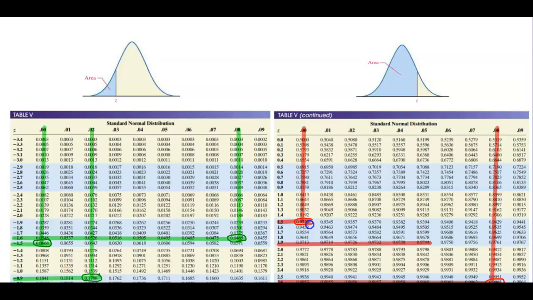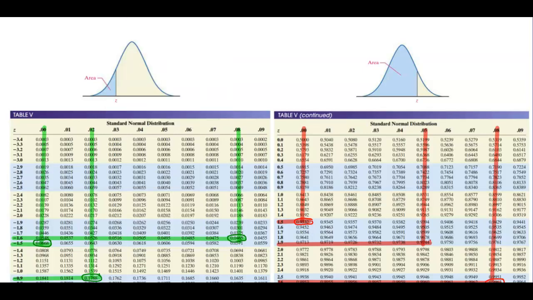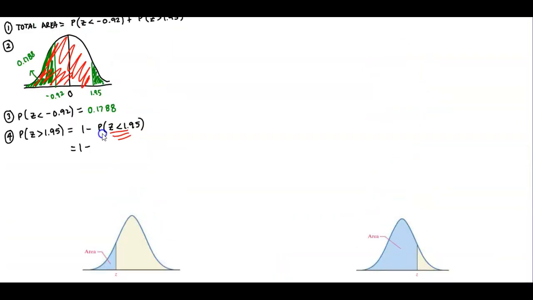Go to 0.05. And then we can determine that our area to the left of that z-score is 0.9744. So 1 minus 0.9744. And what we get when we subtract that from 1 is the area of 0.0256, which means this area is 0.0256.